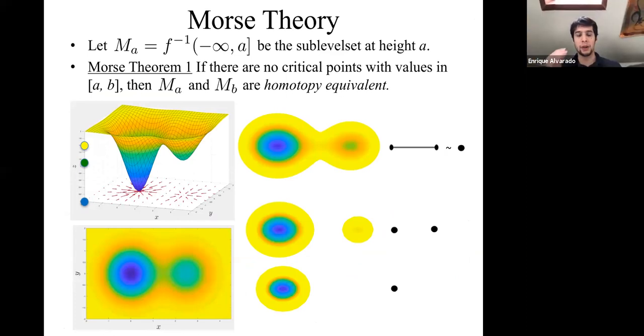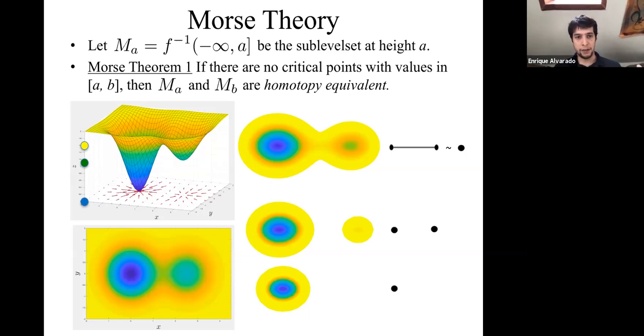Okay, so the first Morse theorem. Let's set up the context first. Let's say you have a manifold, and in the picture on the left, you can think about it as just a little portion of the square, the XY axis, and you have a function, in our chemistry applications, the energy value along every point on the XY axis.